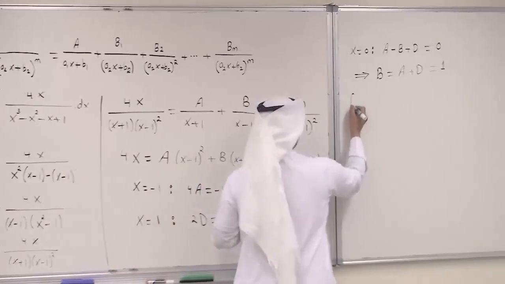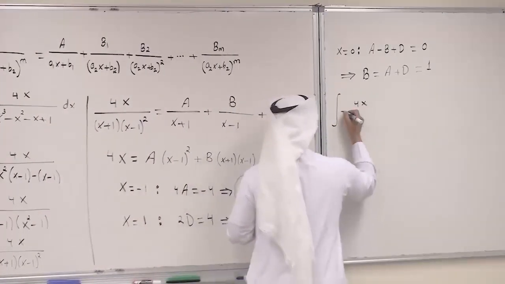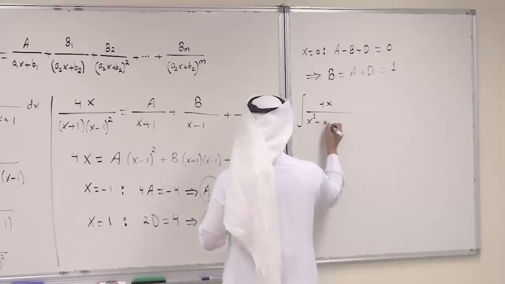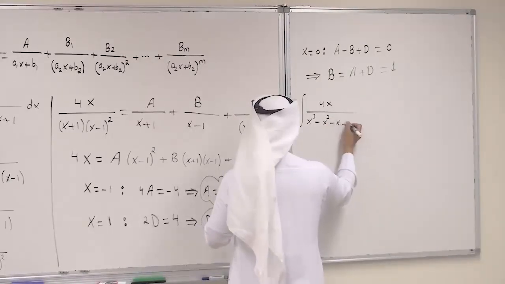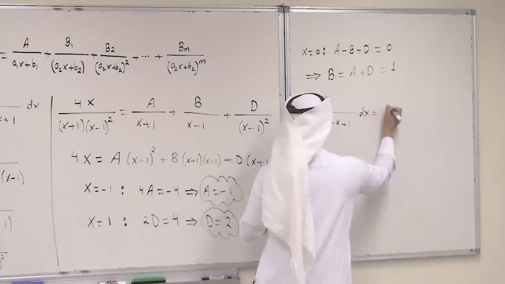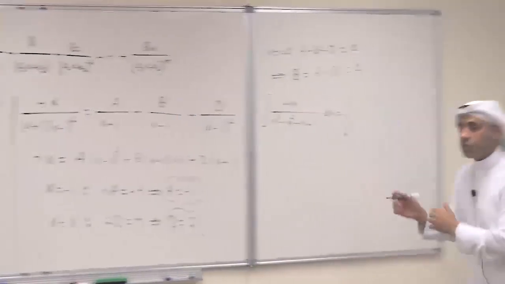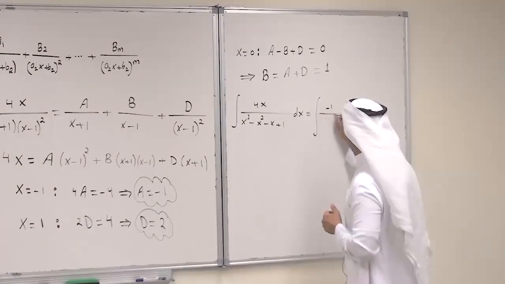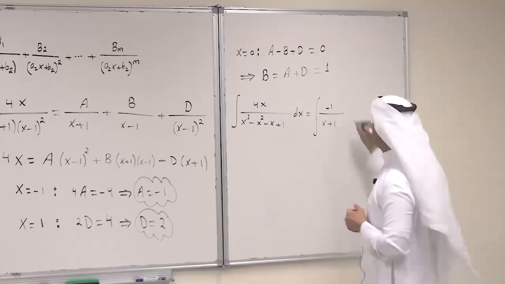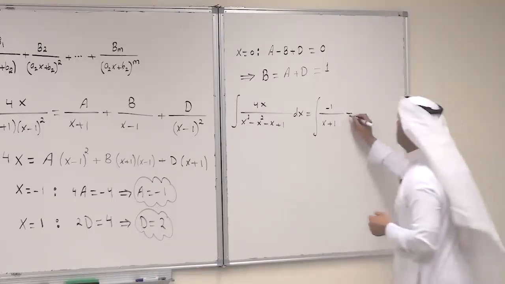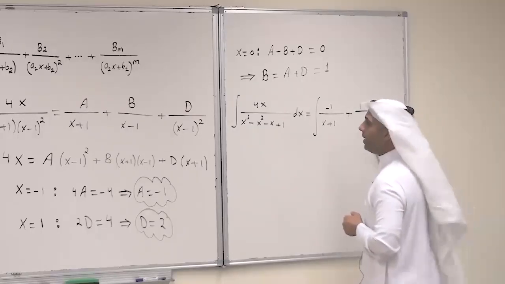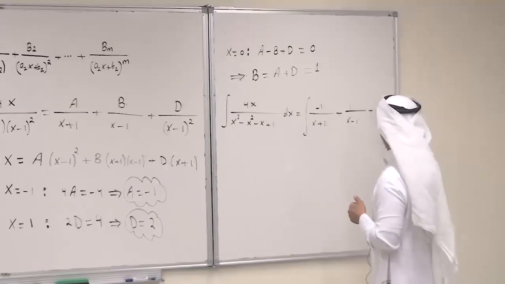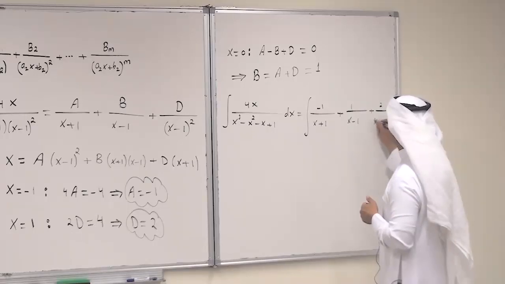So our integral now, which is the integral of 4x divided by x cubed minus x squared minus x plus 1 dx, is exactly equal to the integral of, after decomposition, we substitute a equal to minus 1, so that is minus 1 over x plus 1, that's the first one, plus b, b is equal to 1, so it is plus 1 over x minus 1, and finally plus d, d is equal to 2, so that is 2 divided by x minus 1 all squared.